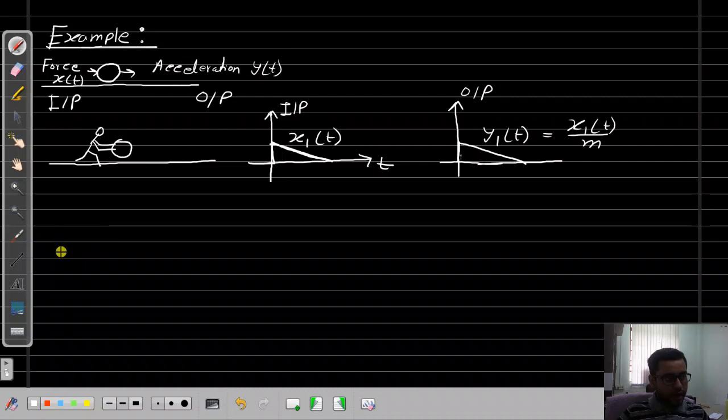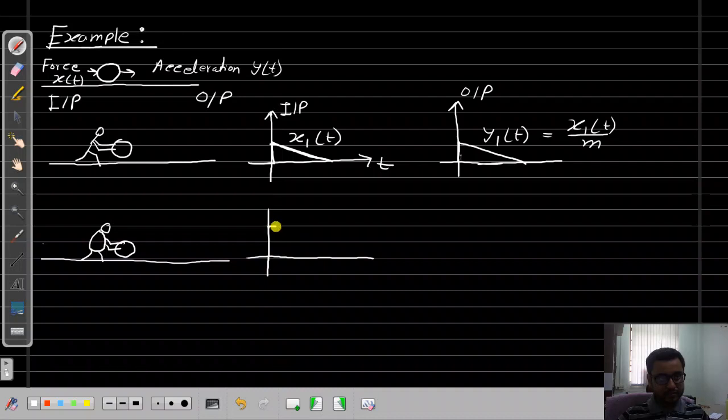Now you assume another situation where you call your friend to push this object, and suppose the way he pushes the object is like this: 0, 1, 2.